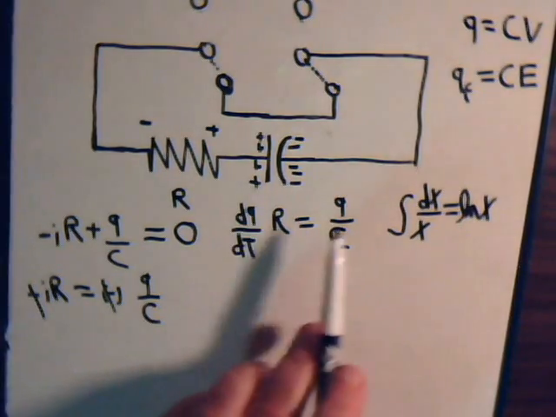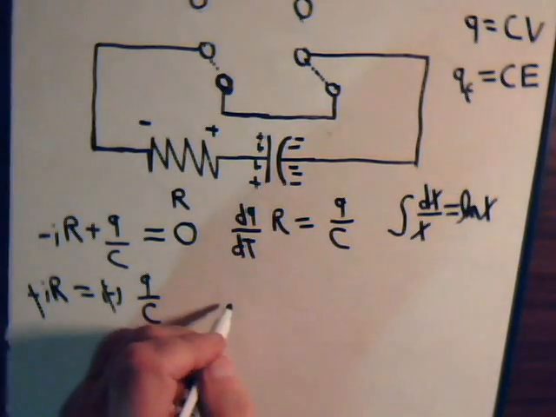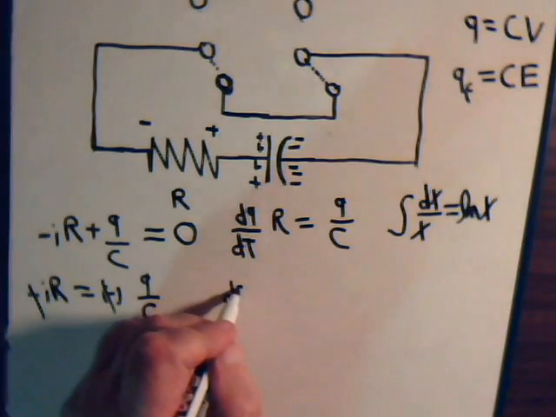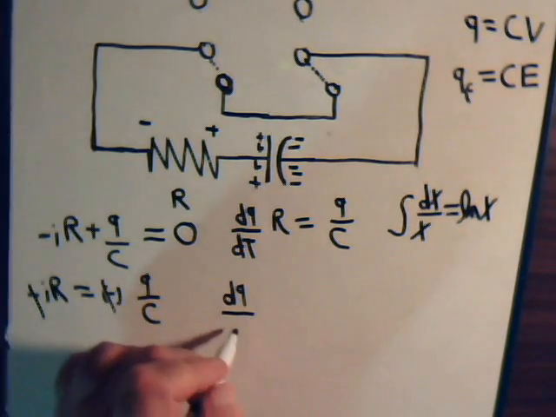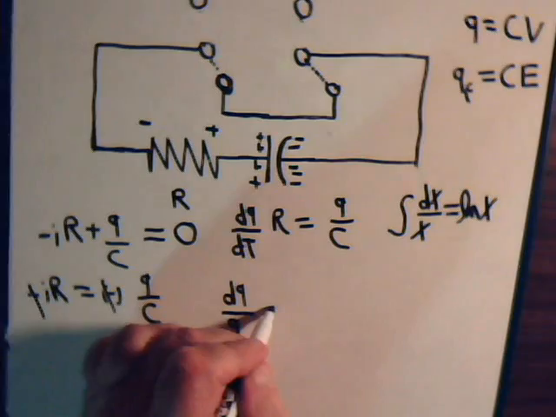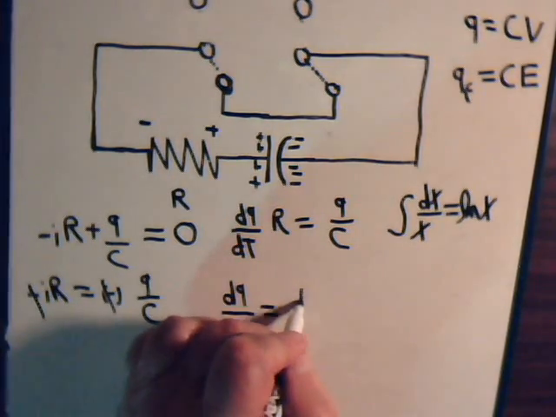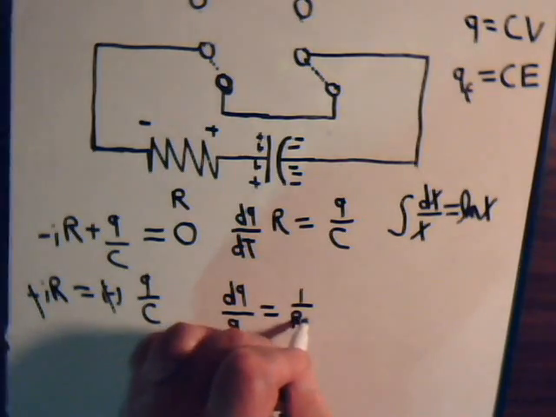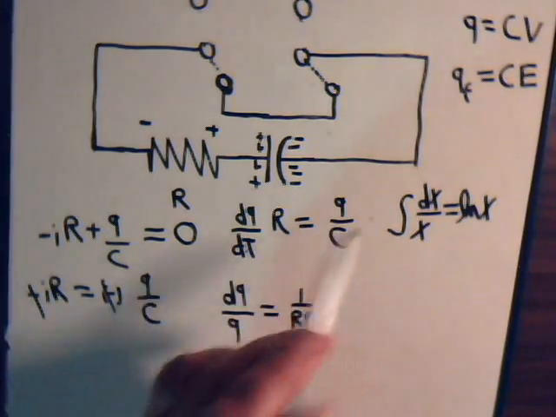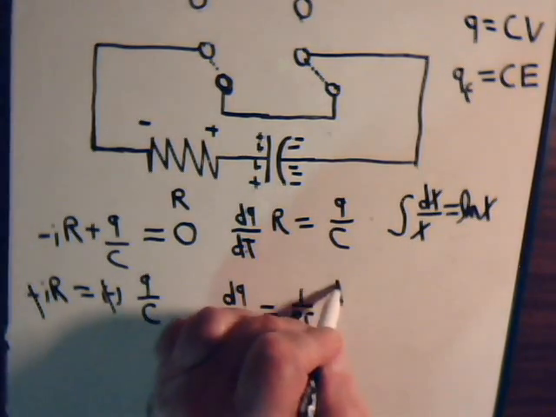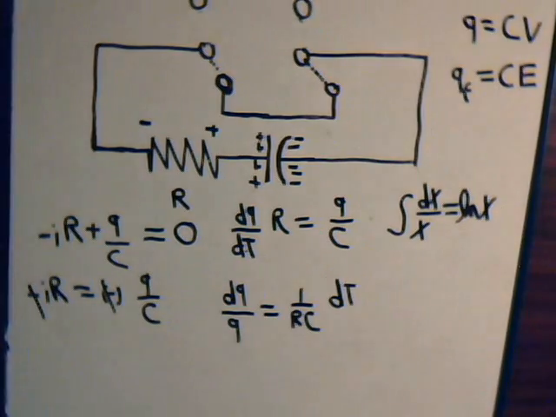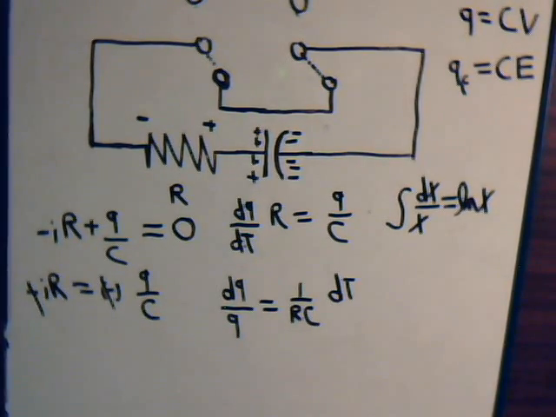So we have dQ over Q equal, and we can take this over to here. We have 1 over RC, bring this over to here, and we have this simple equation. So it looks like we should be able to handle this pretty easily. We can integrate.